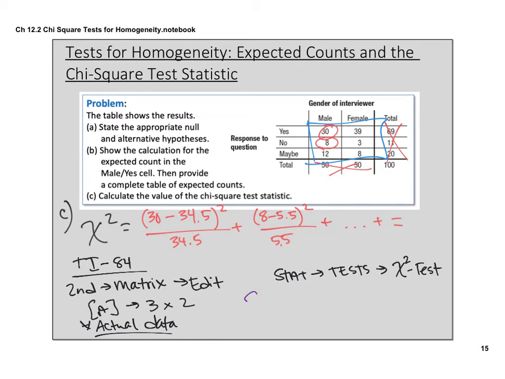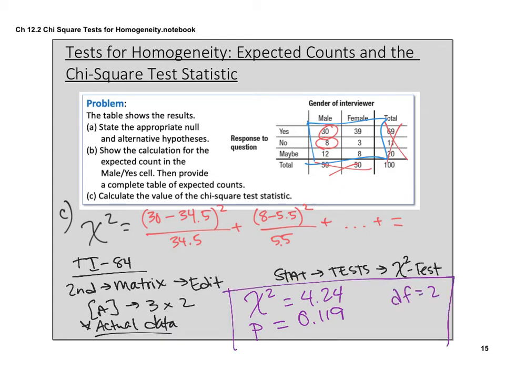You end up with a chi-square value of 4.24. You also get the p-value of 0.119, and it tells you the degrees of freedom is 2. So those are the 3 things that you're going to be needing for this data. And we're going to talk about how they get the degrees of freedom because it's interesting with a two-way table here.